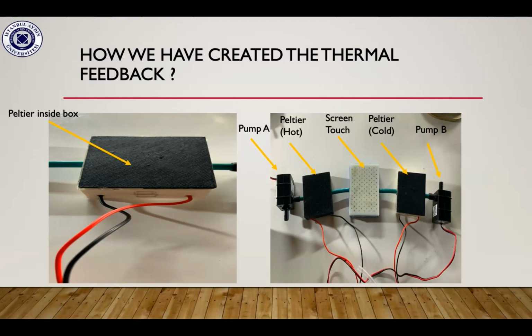I have connected these two boxes with two pumps, as you see here. One of them gives cold air and the second gives hot air. And in the middle, I put a touch screen to sense the temperature.